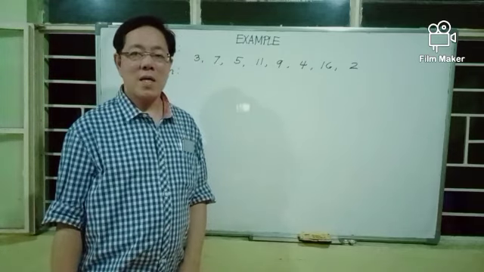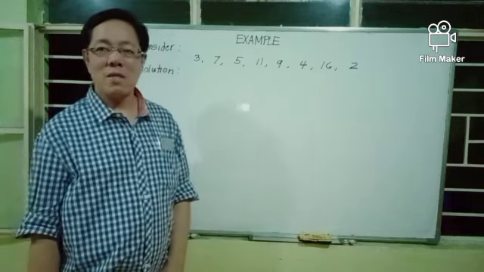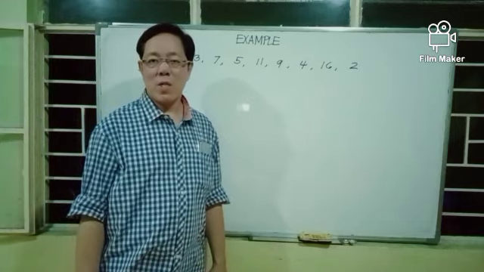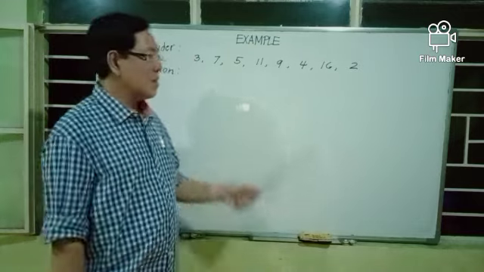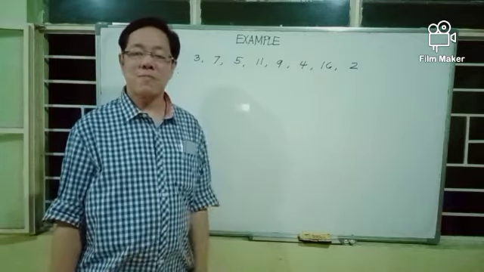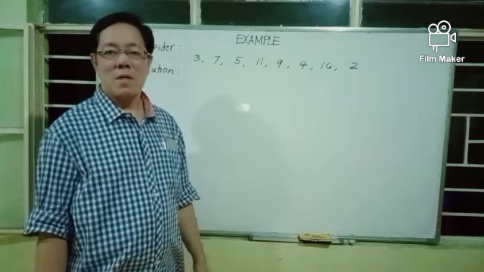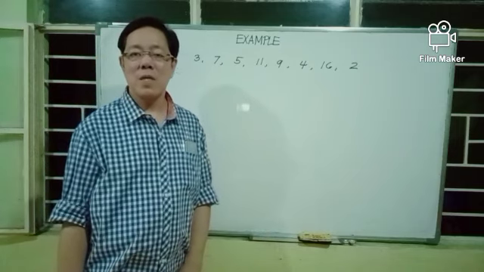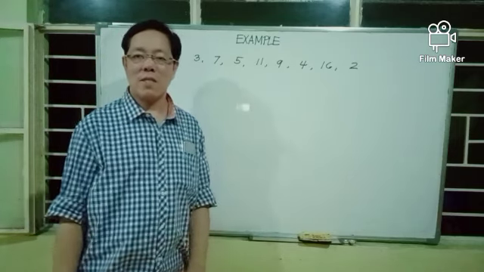We will find the first quartile Q1, the second quartile Q2, and the third quartile Q3. This is an example of ungrouped data, not presented in a frequency table with class intervals or classes.